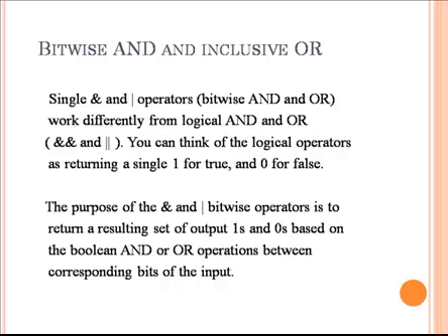Let's take one example for inclusive OR, 7 | 8. 7 can be represented as 4 zeros, 0111. 8 can be represented as 4 zeros, 1000. Here we are performing the inclusive OR operation.